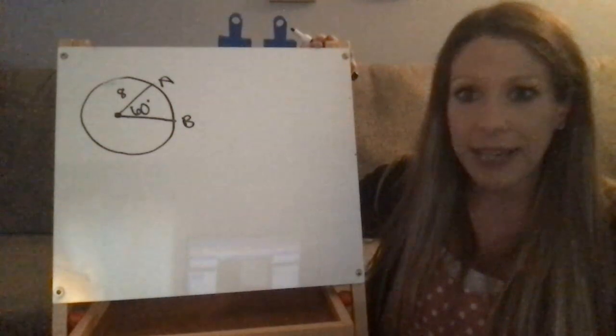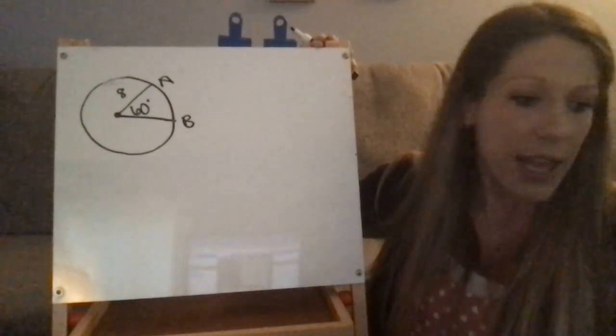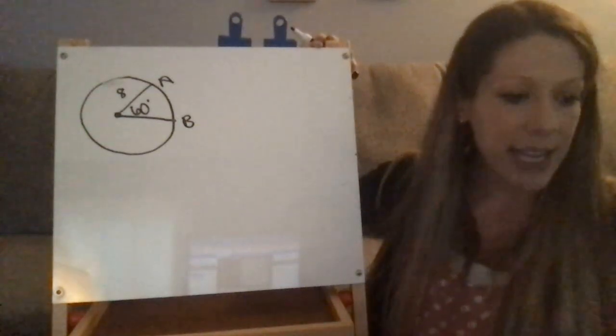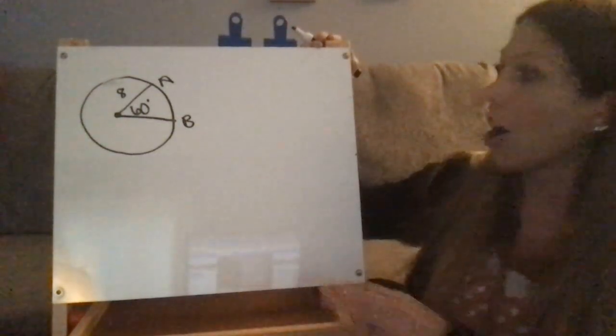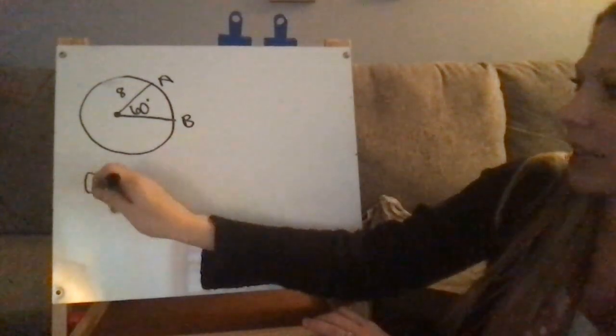The one that we're going to use the most is actually going to be that proportion, that top one. So how it says to set it up is our arc length. So I'll write arc length here.